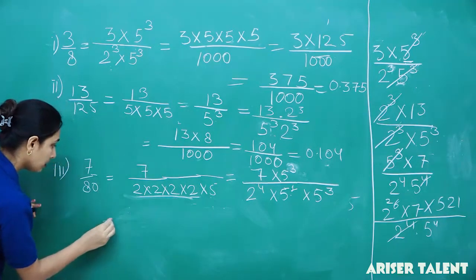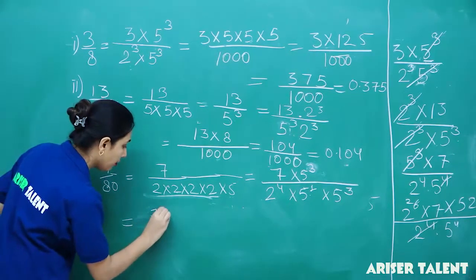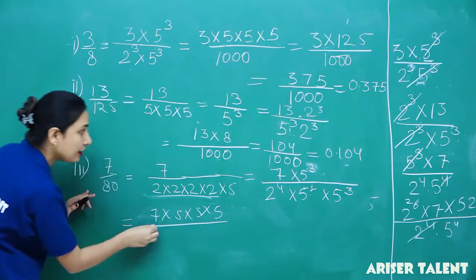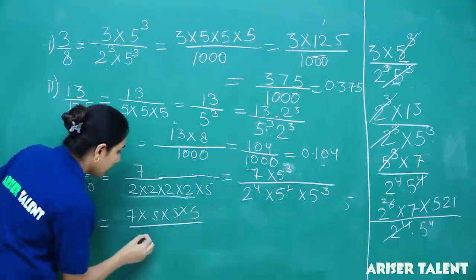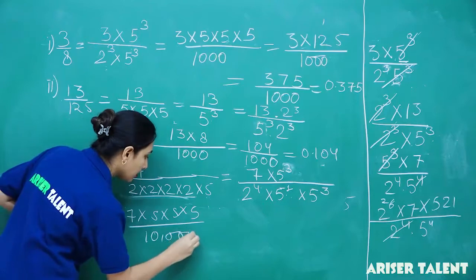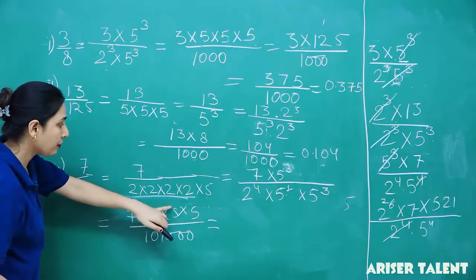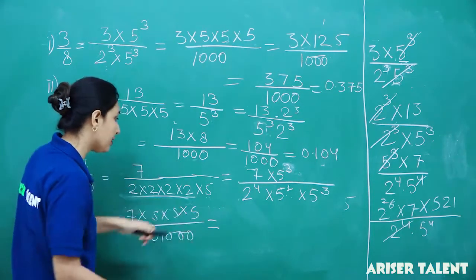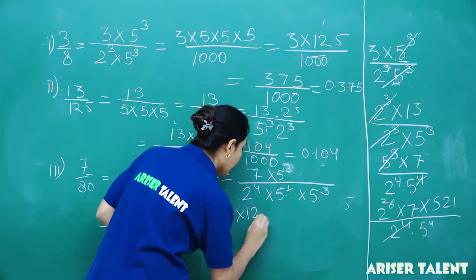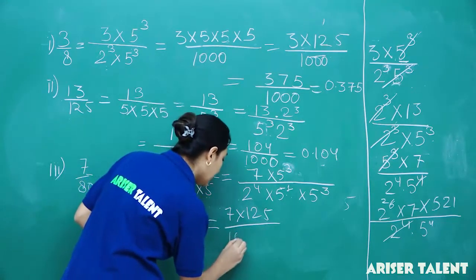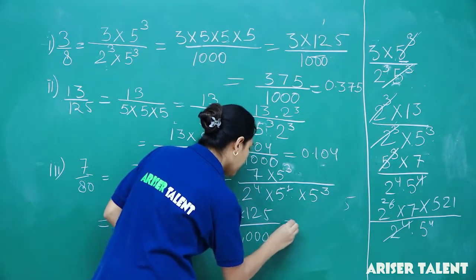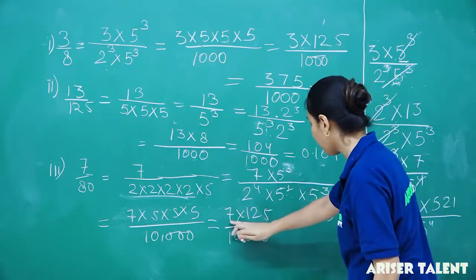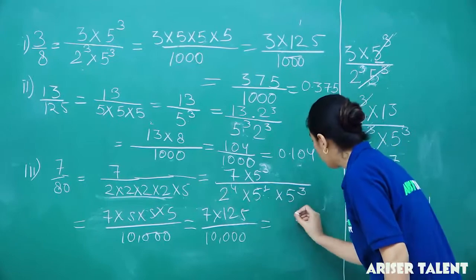Now in the next stage we'll multiply 5 by 5 by 5 and it will become 10,000 here. Now 5 by 5 is 25, multiplied by 5 is 125. 7 multiplied by 125 upon 10,000, it will be what?